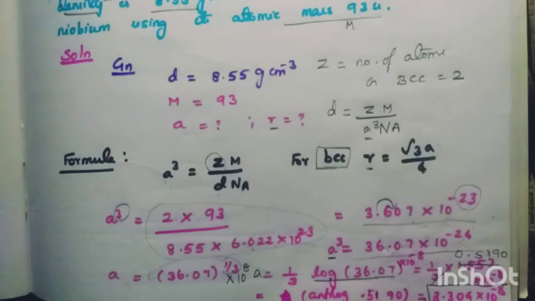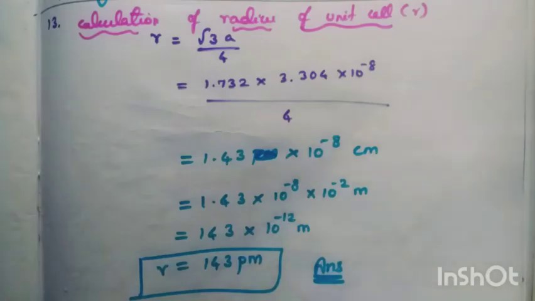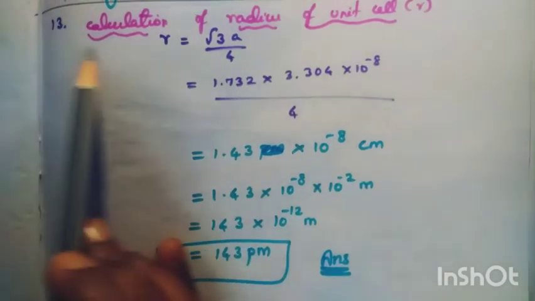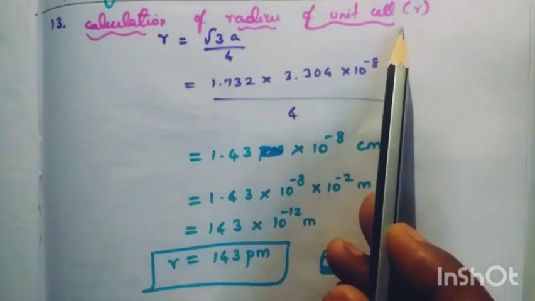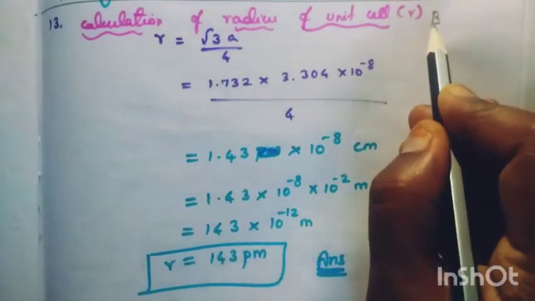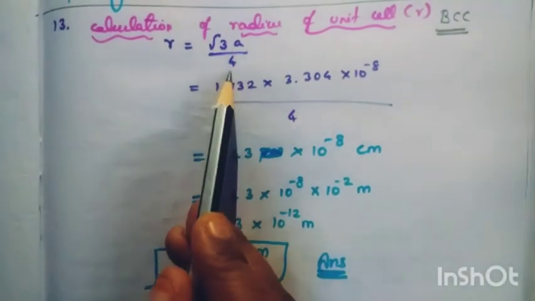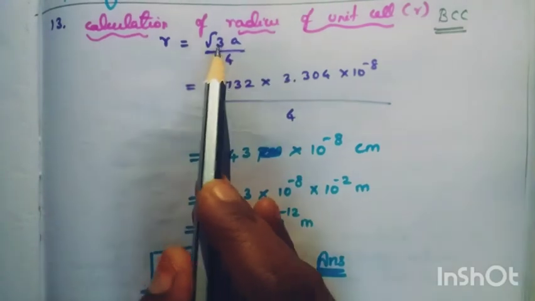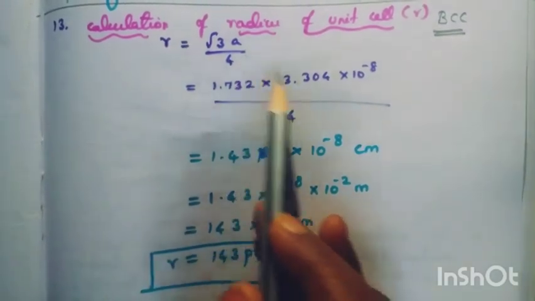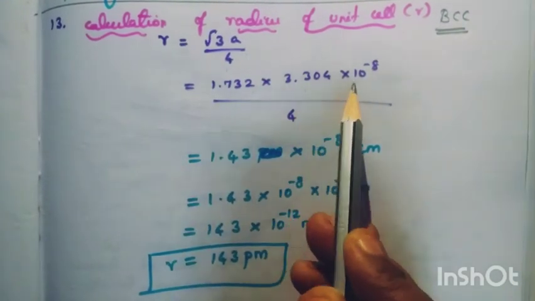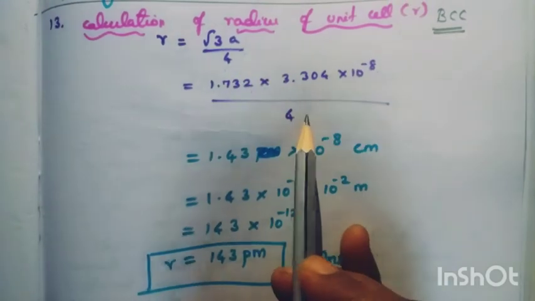Now, we have to find the R value. Next one is calculation of radius of unit cell in BCC. So, for BCC, R is equal to root 3A by 4. What is the root 3 value? 1.732. The A value we found now is 3.304 into 10 power minus 8, divided by 4.